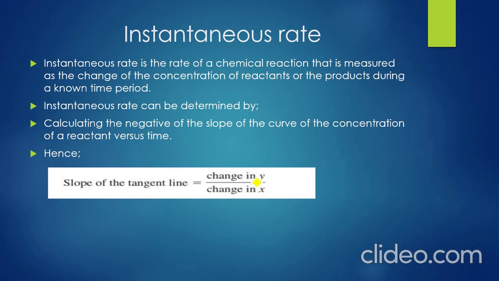So for the y-axis, it's just symbolizing the change in concentration. Then in the x-axis, that's the change in what? Time. So this is same as change in concentration over change in time. As simple as that. So this is what you're supposed to know.